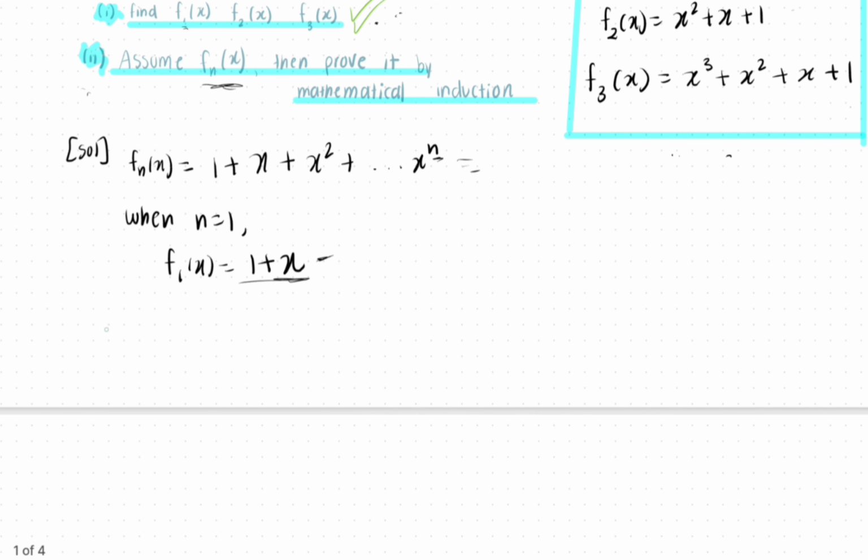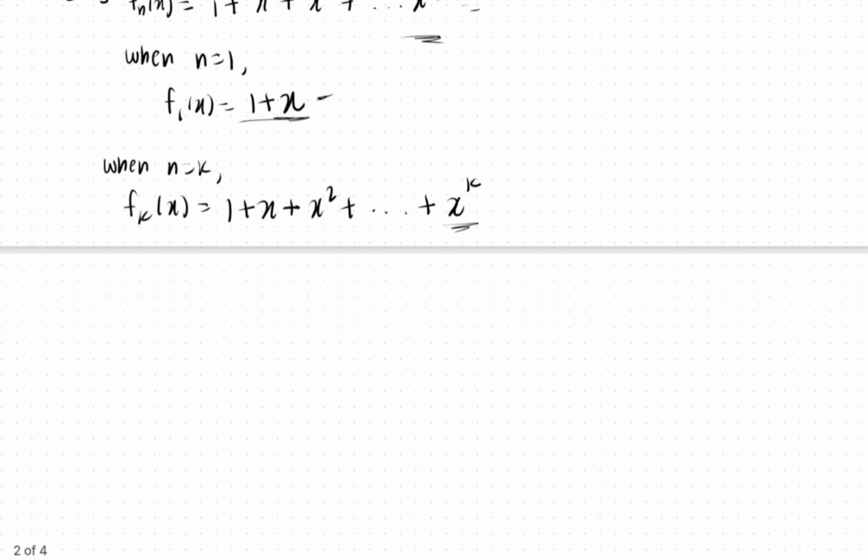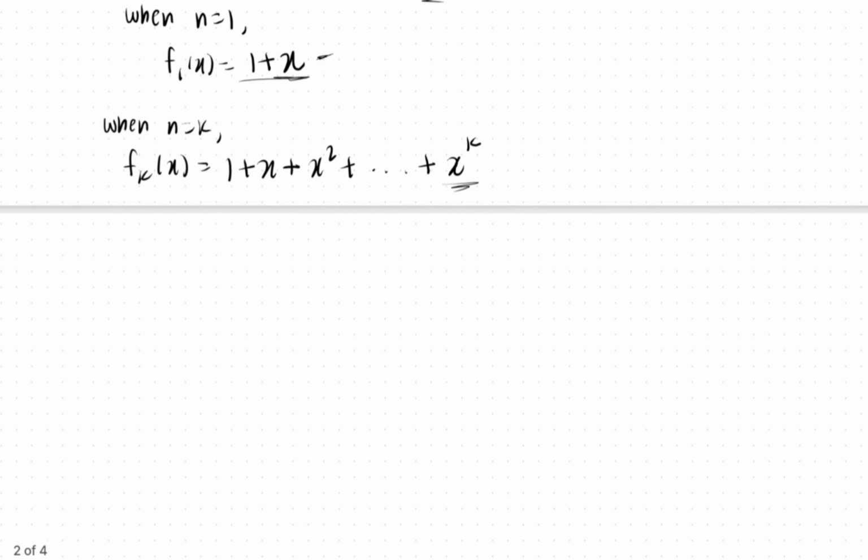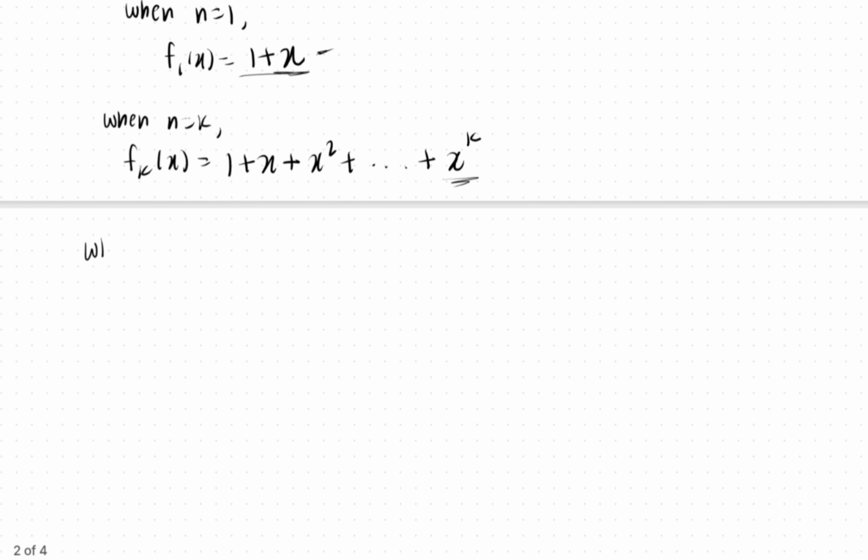If n is equal to k, then we know that f_k(x) is supposed to equal 1 plus x plus x squared plus ... plus x^k. It's the same procedure as we replaced n for 1 over here. And that's the same thing for when n is equal to k plus 1.